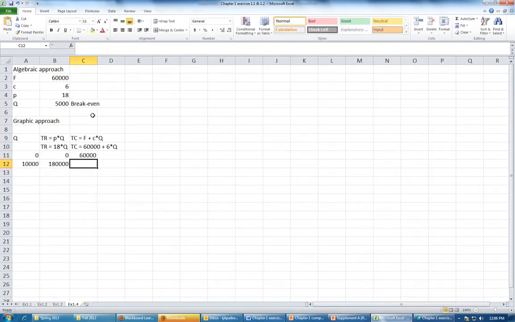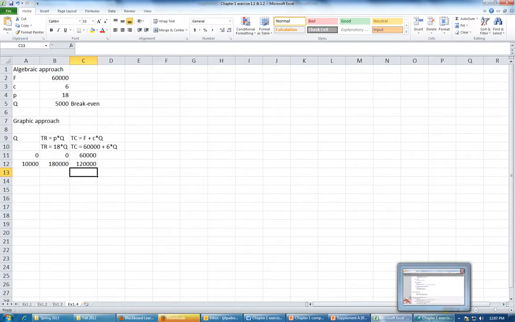Total cost will be 60,000 plus 6 times 10,000, which is 120,000. Okay, and then with this, we're going to have to draw the chart.